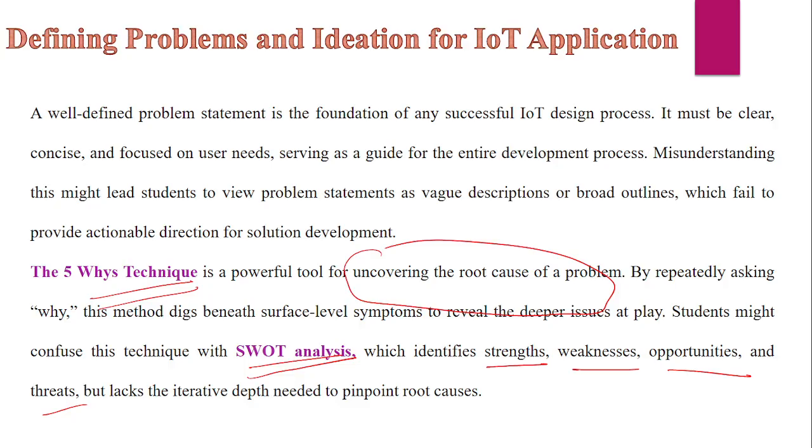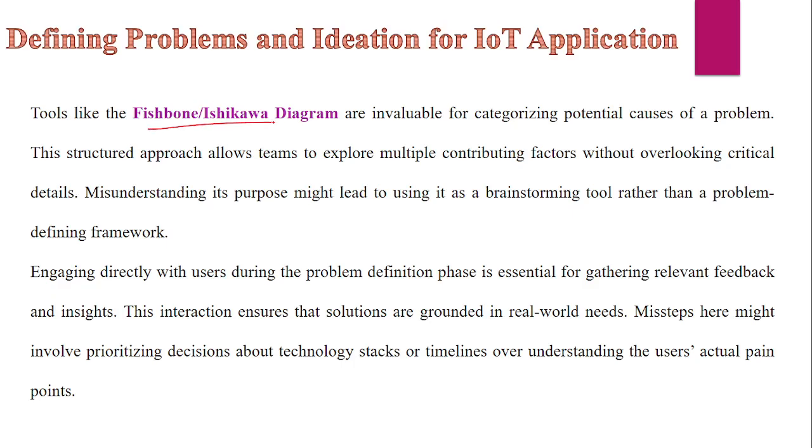For this, you have to understand the techniques: 5 whys, SWOT analysis, and the fishbone or Ishikawa diagram. In the Ishikawa diagram, cause and effect, or problems, are drawn in a bone structure.